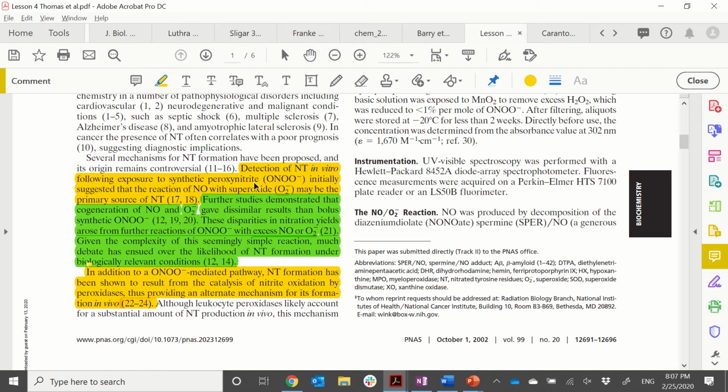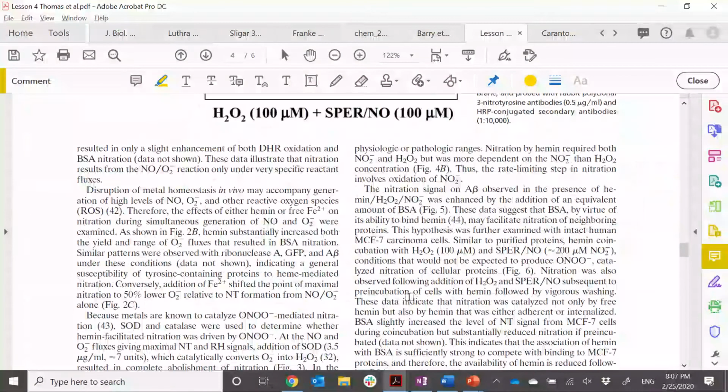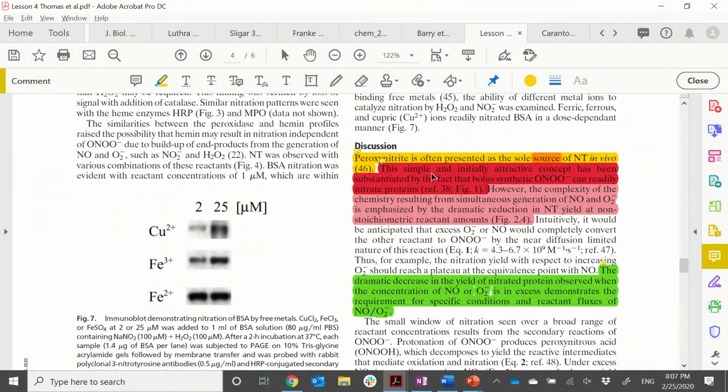So this is indicating one of the beliefs in the field is that peroxynitrite is largely responsible for nitrating tyrosine residues. Okay, and so this is also supported by data that is presented within this paper in Figure 1.